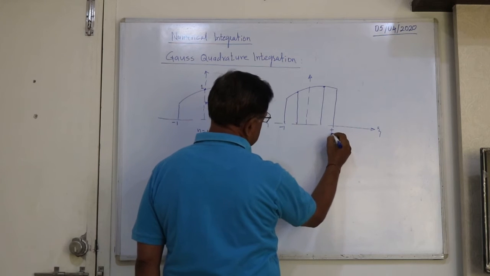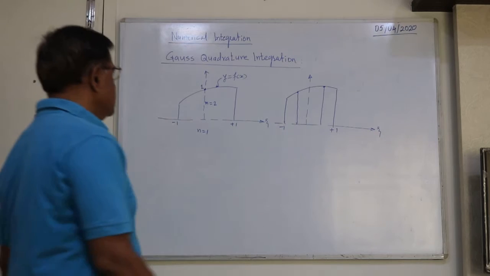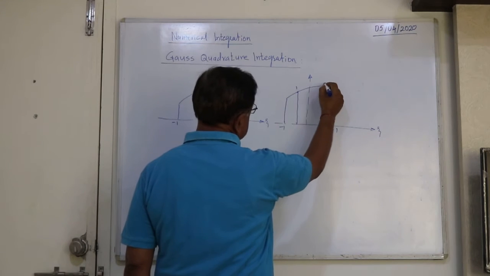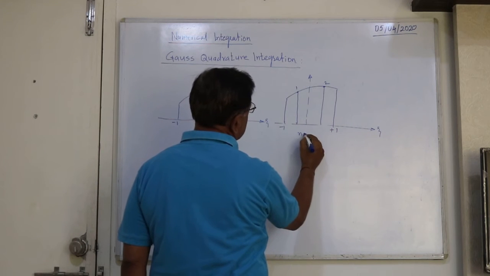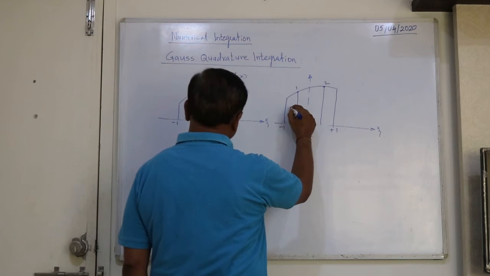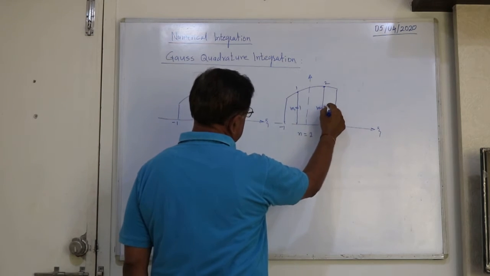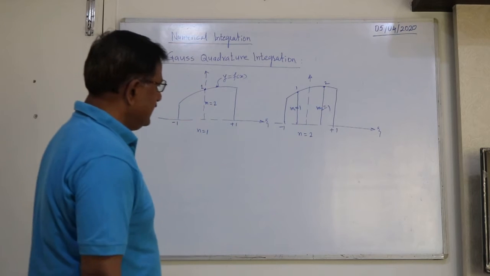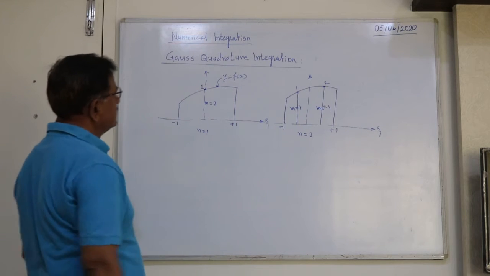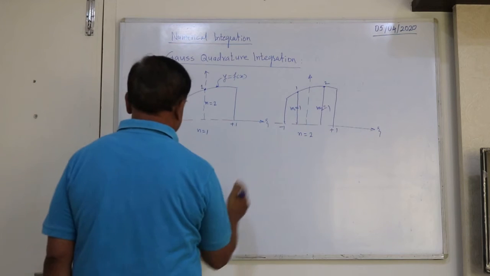So this is -1, this is +1 within the range under the curve. Say this is point 1, this is point 2, and the number of Gaussian points is 2. The weights assigned here, that is the multipliers, are m1 equal to 1 and m2 equal to 1. This is the 1 point Gaussian solution, and the 2 point Gaussian solution.